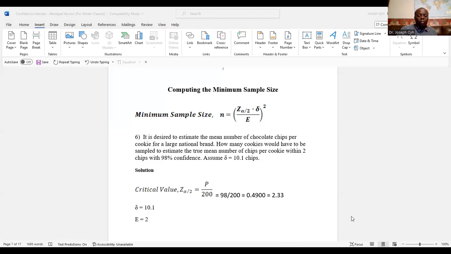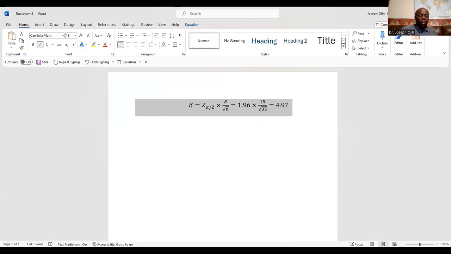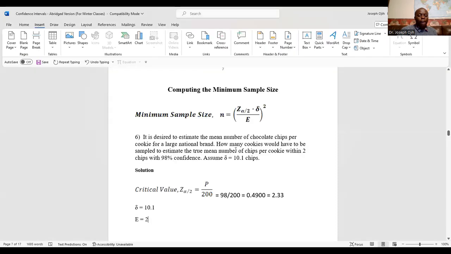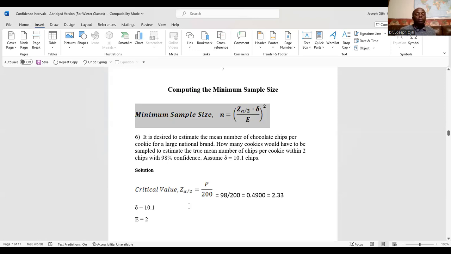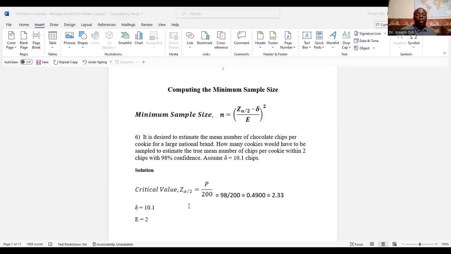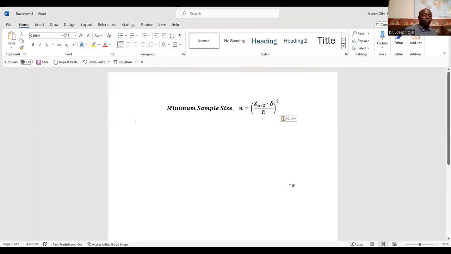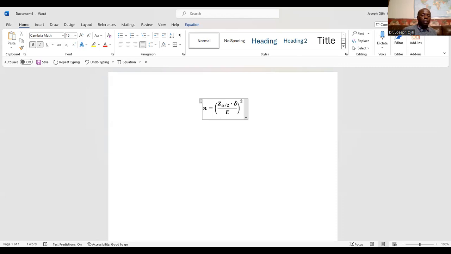Let's go to our old workbook. I'm going to copy the formula, Control C, and put it right there. Minimum sample size n.